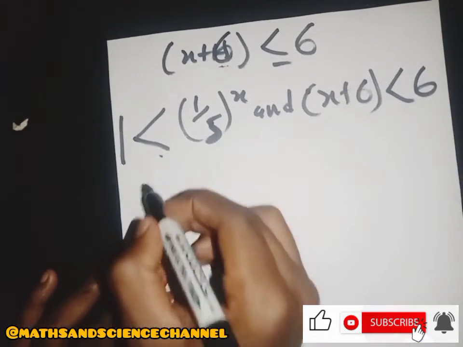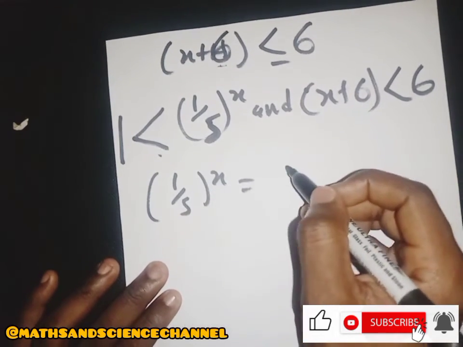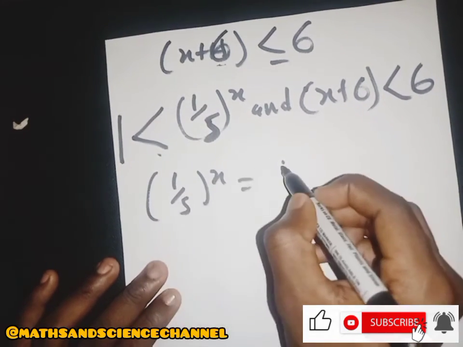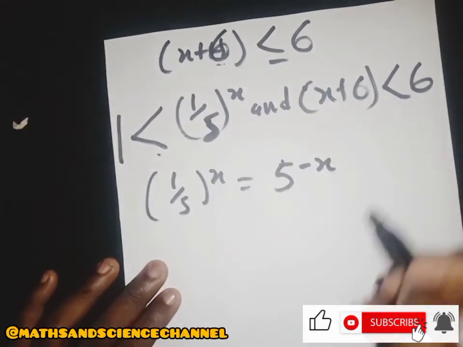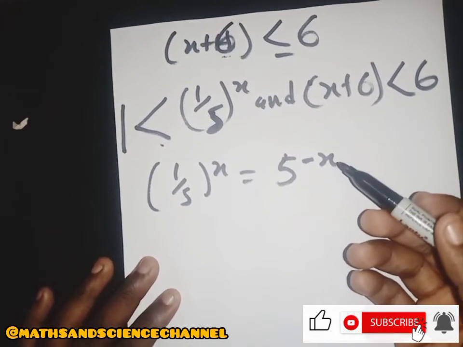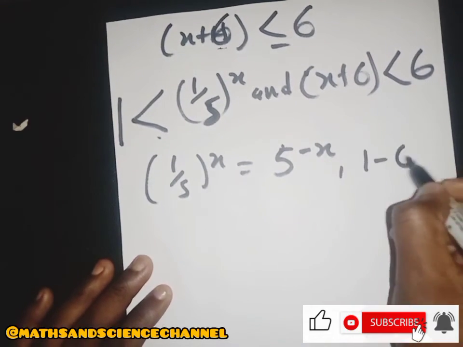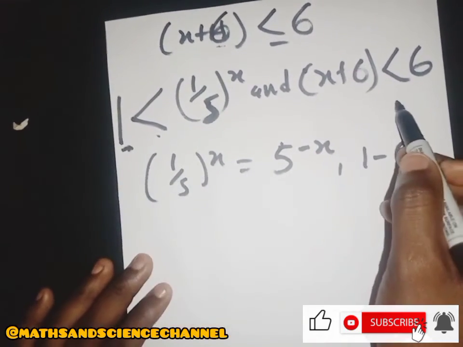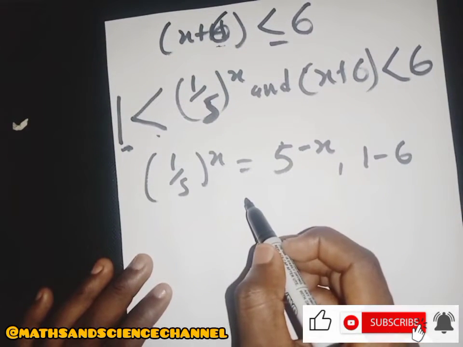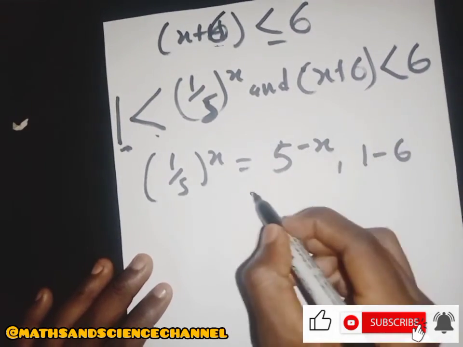Now if you have 1 over 5 to the power x, right, this will be equal to, when this moves up, 5 to the power minus x in this case. Now this is in the power of 5, so if we have values from 1 to 6, we are just going to get our answer here to be 5.